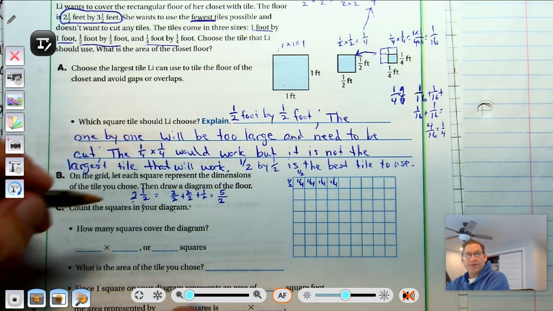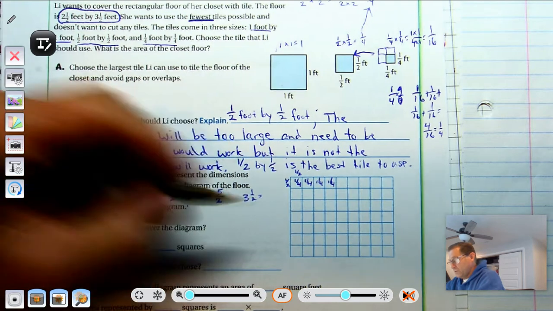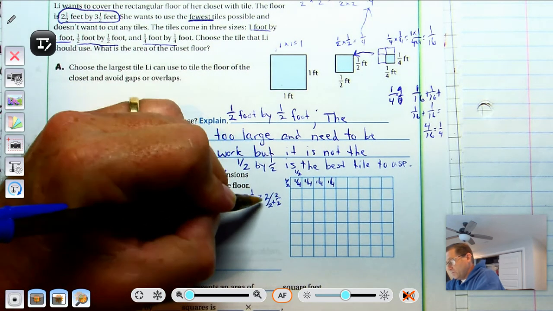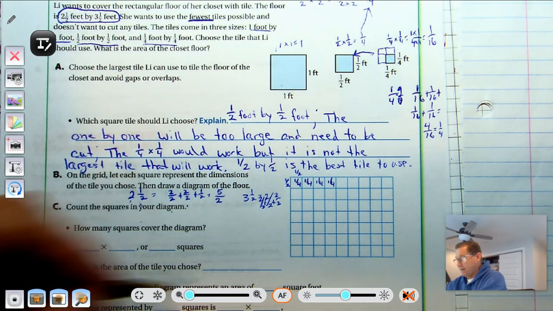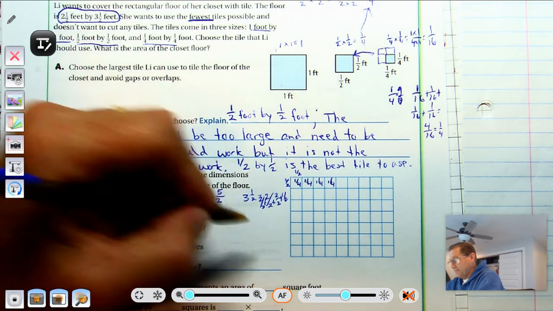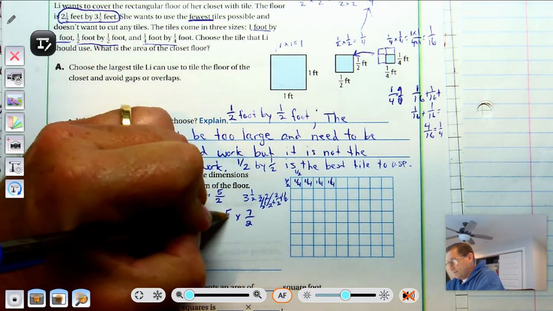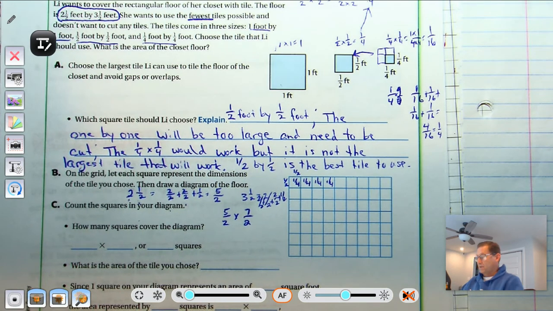And then if we look at 3.5, it's basically the same thing. So we have 2 halves plus 2 halves plus 2 halves plus the extra half. So we have 7 halves. So 5 halves by 7 halves.